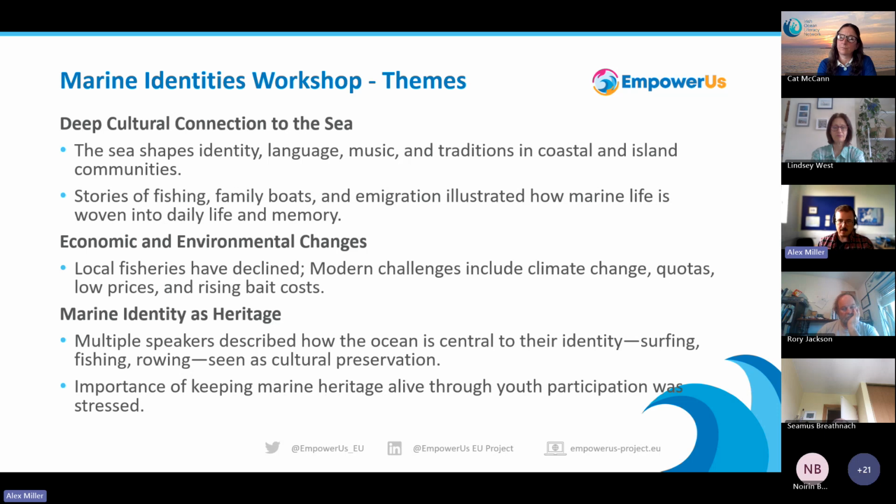And speakers outlined the different challenges such as climate change and changing regulation and the changing markets for fish, and how that impacts both the jobs that people are able to do in the area, but then how that has a knock-on effect in terms of people's identity, in terms of their relationship with the work, and how that defines their connection with the ocean.